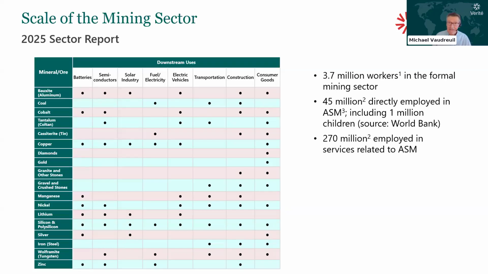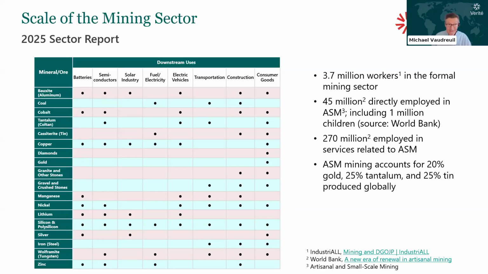And then, vastly more are employed in businesses supporting artisanal and small scale mining, whether they're supplying transportation or processing or tools and other materials needed for ASM mining.